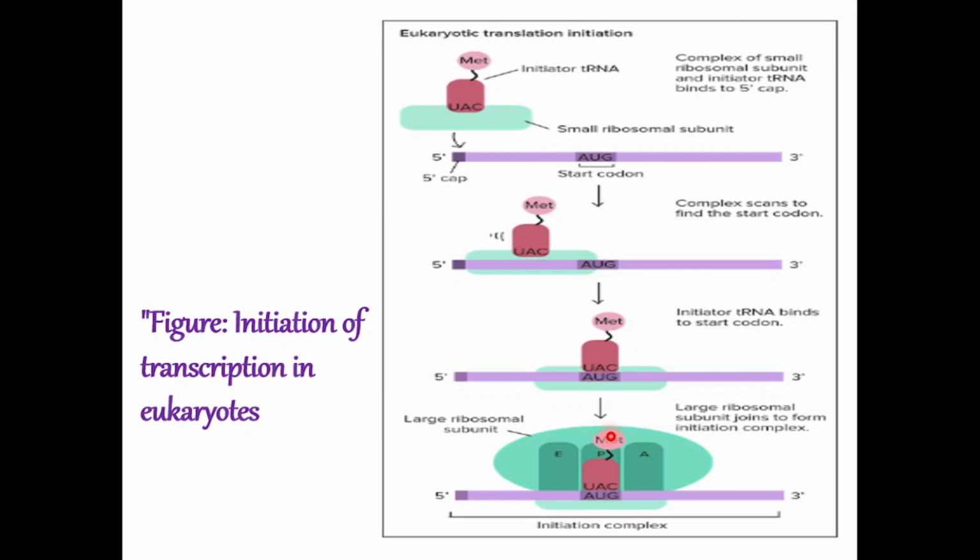Then the larger subunit of the ribosome comes and binds to them. This is the larger ribosomal subunit. This is the smaller. The smaller ribosomal subunit is already bound here. Finally, the large subunit will come and bind. Then they form the initiation complex. So it means that it is initiated, just started.